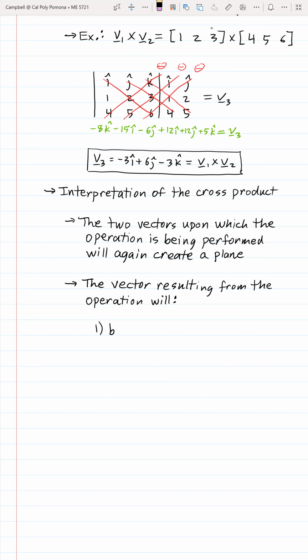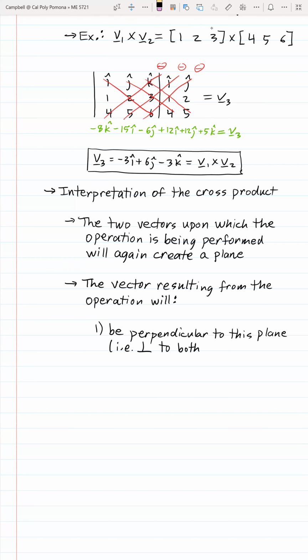be perpendicular to this plane, and after spelling out perpendicular once, we'll use the perpendicular symbol. So perpendicular to both.